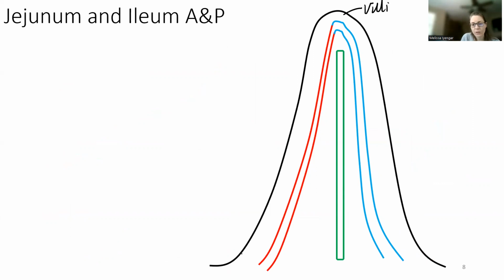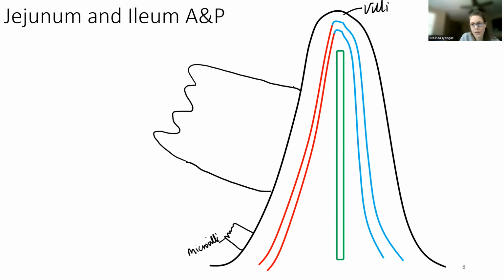And then on the villi, you have epithelial cells, and those epithelial cells have their own tiny little microvilli. Okay, I'm just going to draw one really big cell with microvilli. It's not that big, but it's helpful to draw it bigger so that you can see what's happening. So that's my cell plus my microvilli.